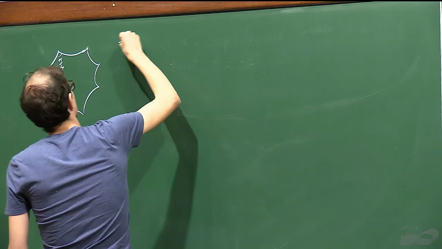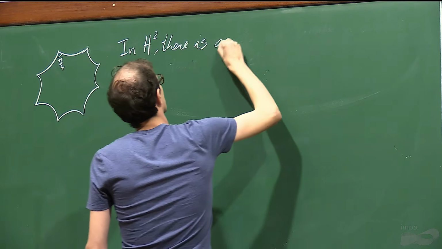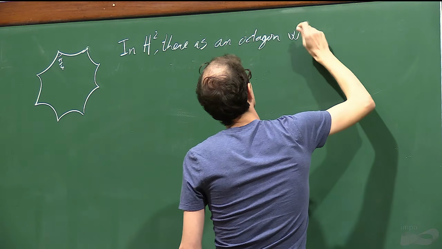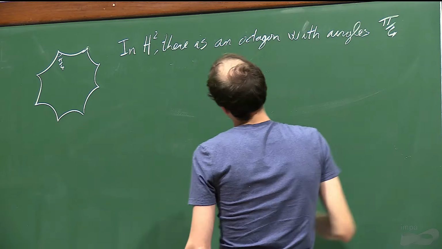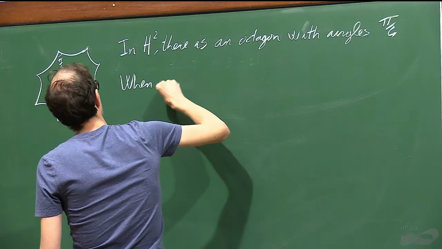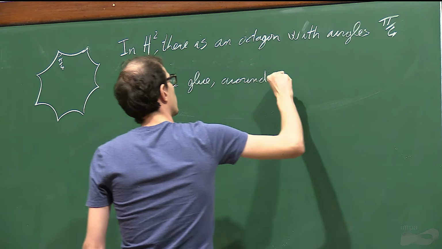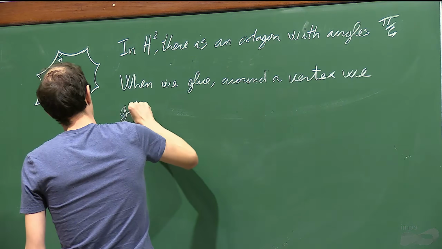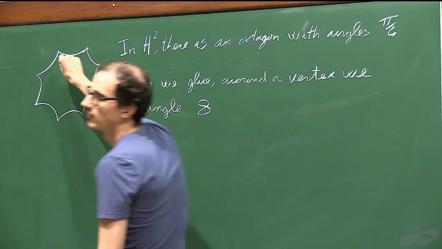So in H2, there is an octagon with angles pi over 4, and when they are all around the vertex, when we glue, we get angle 8 times, because there are 8 around the vertex.